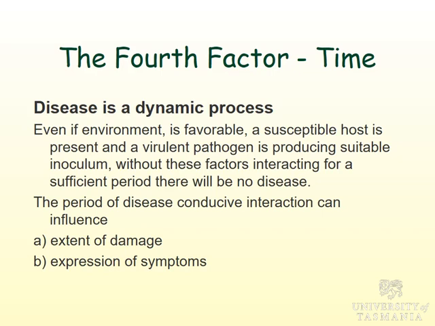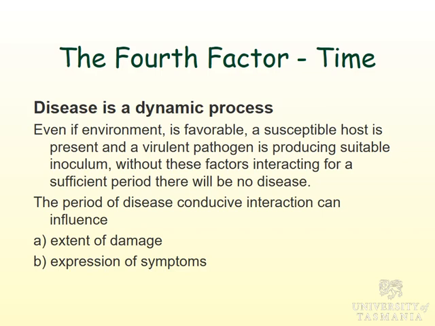Just because you've got a conducive environment, a susceptible host, and a virulent pathogen doesn't necessarily mean you're going to get disease if half an hour later things change. So, for instance, there's a lovely disease model for black spot in apples. It measures the amount of leaf wetness, and you need leaf wetness for 12 hours before infection will occur.